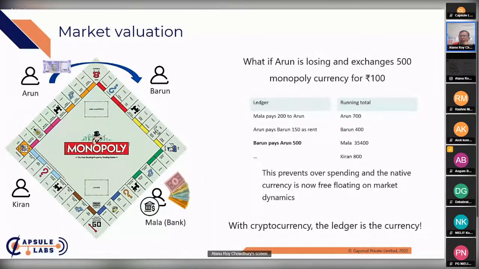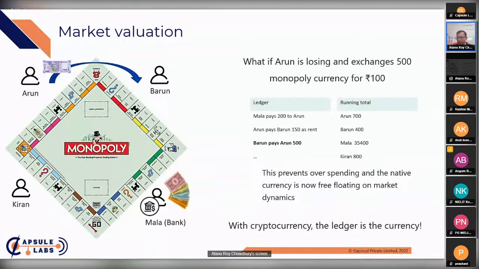The other thing is, when we are talking about ledgers, I mentioned that a cryptocurrency is nothing but a cryptographically secured ledger, right? Why is this a ledger? Because if I were to sum up all my transactions, or all the transactions that I have been part of, whether it is the currency that I received, or the currency that I gave to somebody, it must all add up, and the remainder is really my current value, right?